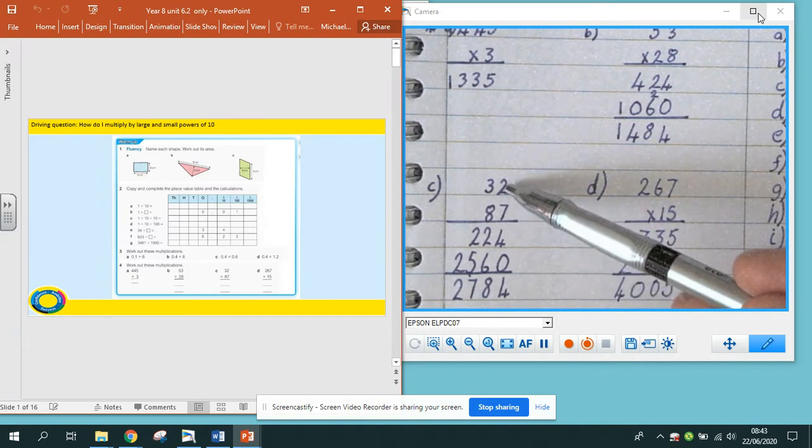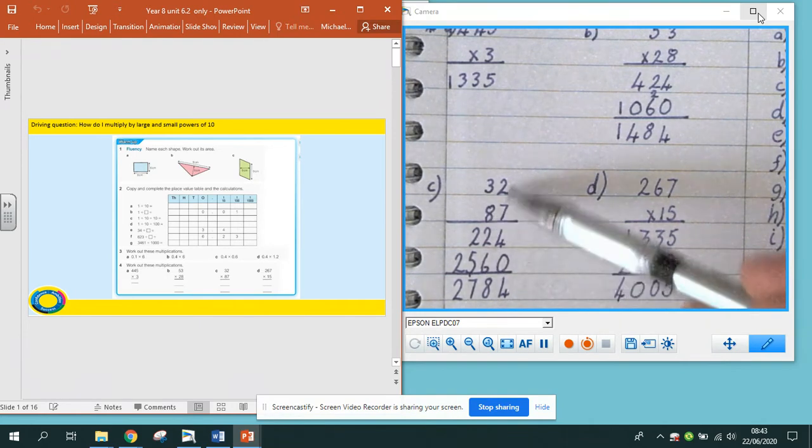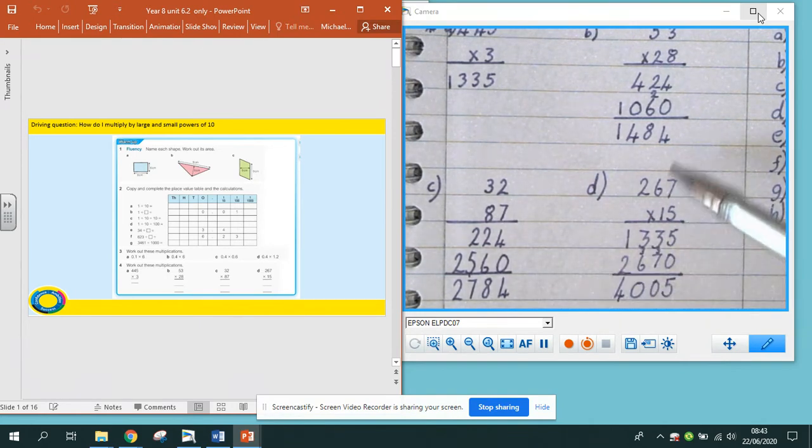First, I've multiplied by 7. Then I've multiplied by 80 by writing down a note and multiplying by 8 to give me this answer. And then finally, 267 times 15, multiplied by 5, then multiplied by 10 and added the numbers together.